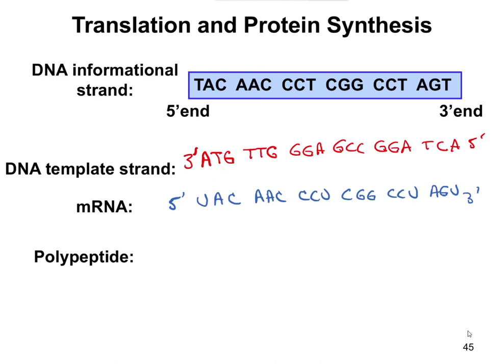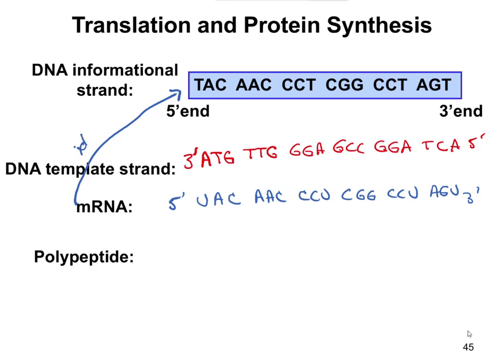And anytime you make something that is a complement of something, you always have to change. You go from 3' here to 5' there. So you're always synthesizing new molecules in a 5' to 3' direction, and you synthesize them as the complement of the previous molecule.